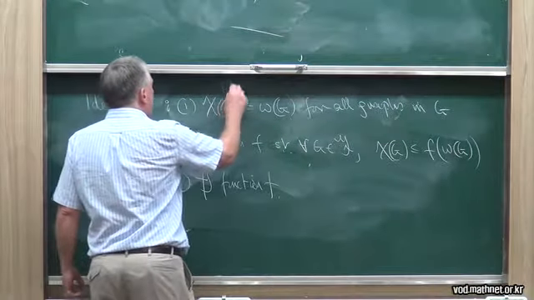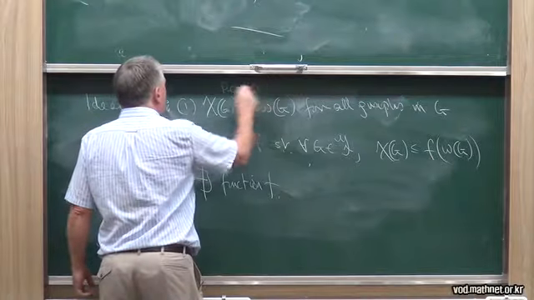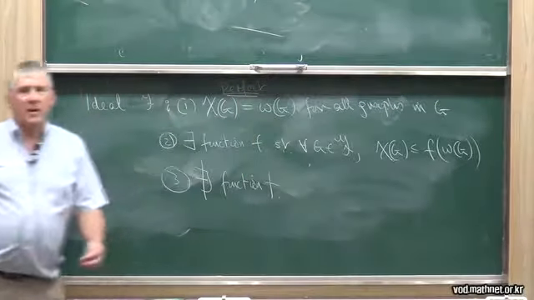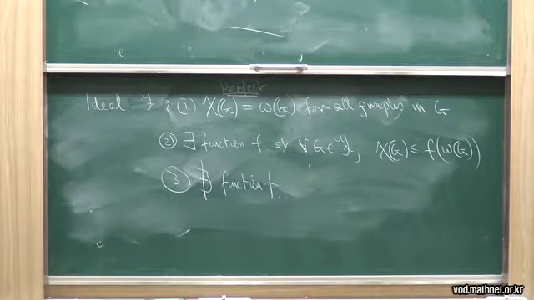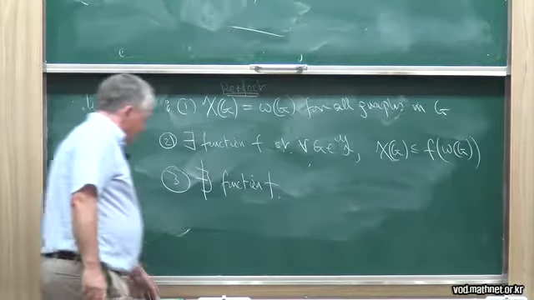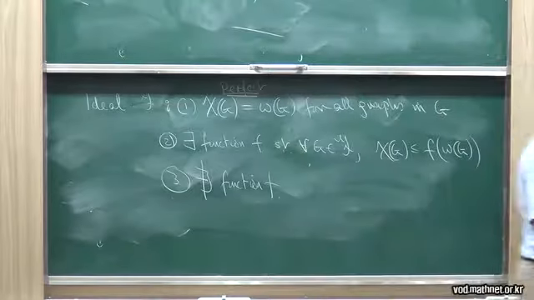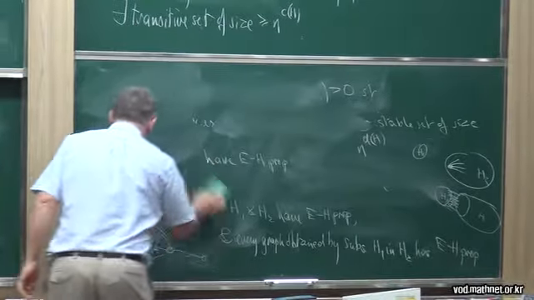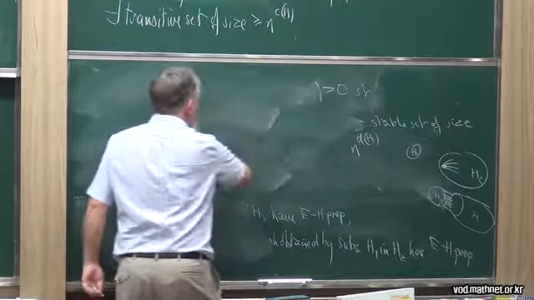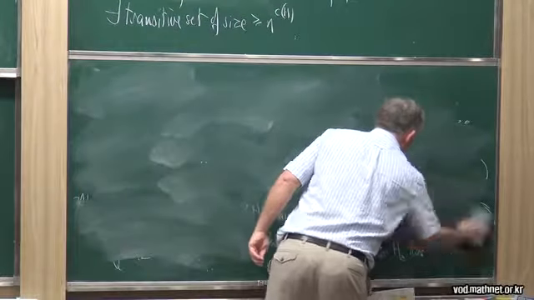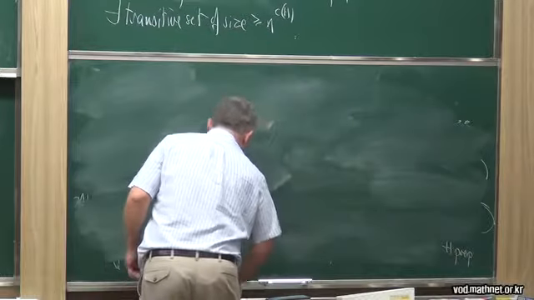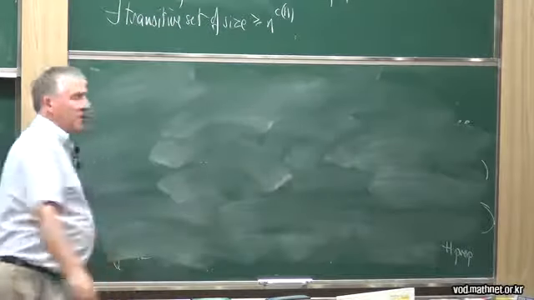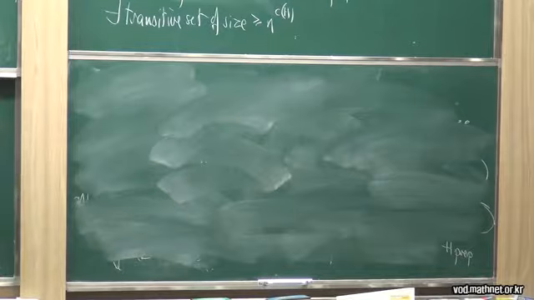These are perfect graphs. Maria's going to talk about that this afternoon. But suppose I want to know what do I have to exclude so that chromatic number equals clique number. What are graphs where chromatic number is not equal to clique number?